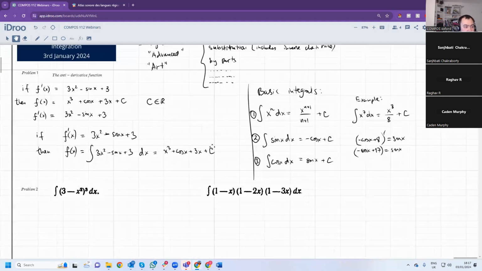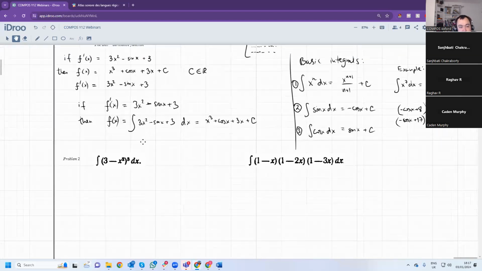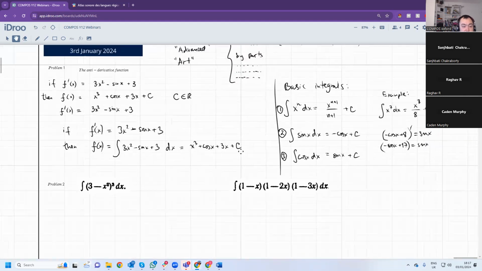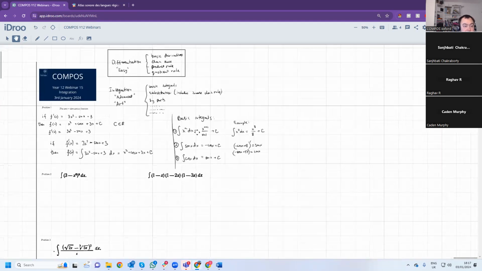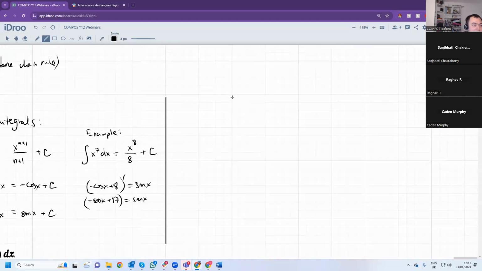Basically, first we need to do some basic integrals. And how it works is that the integral is linear. Some properties of integrals.